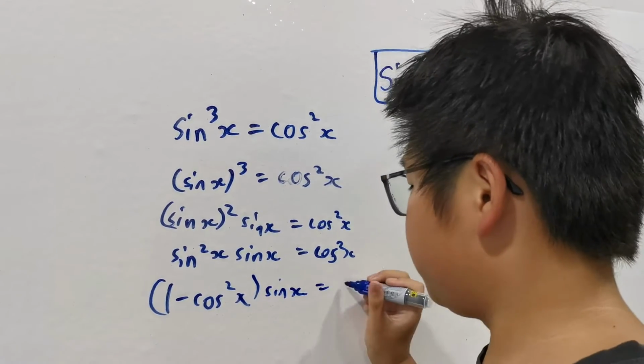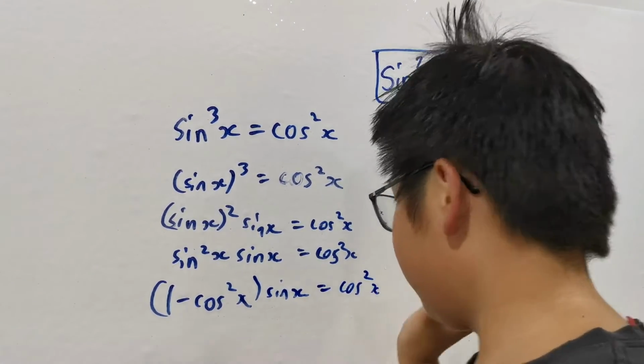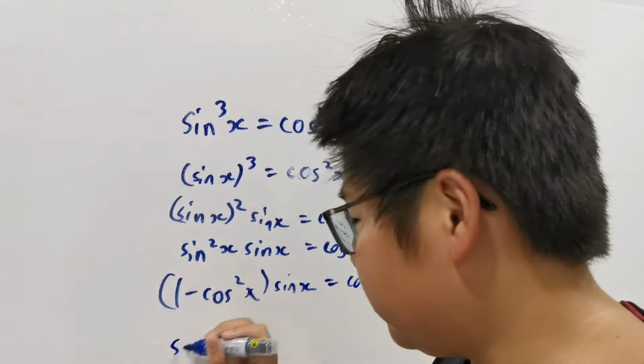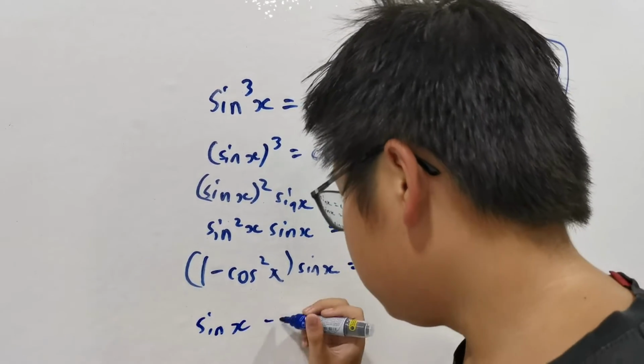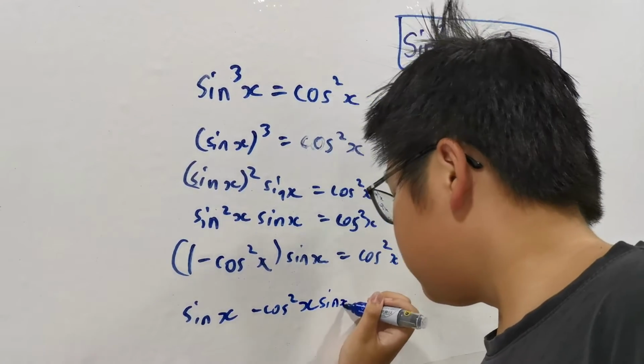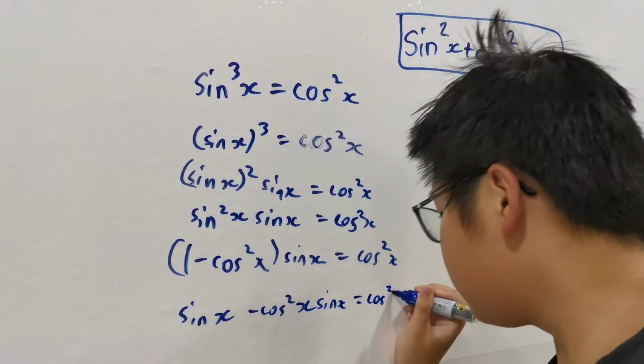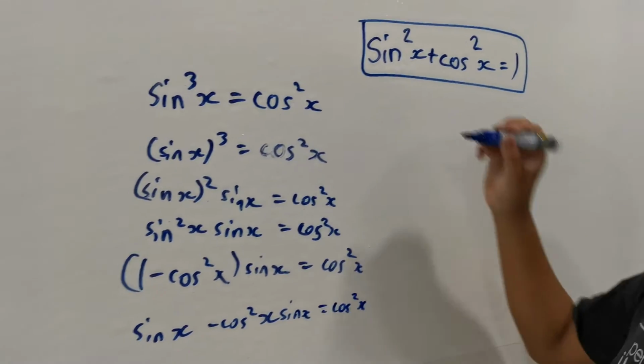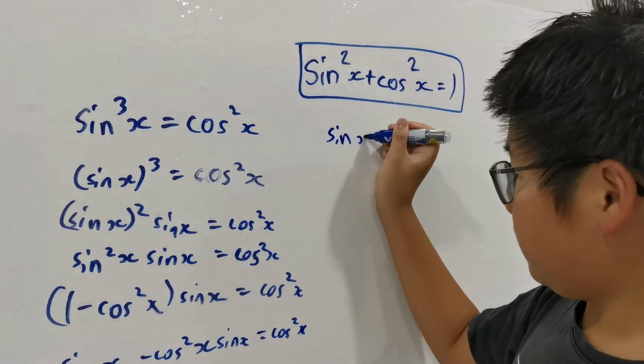Sine x equals cos squared x. We multiply. And finally, we make sine x a subject.